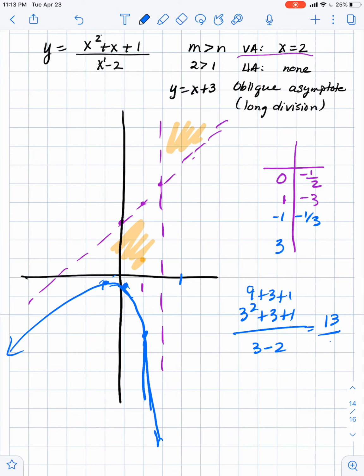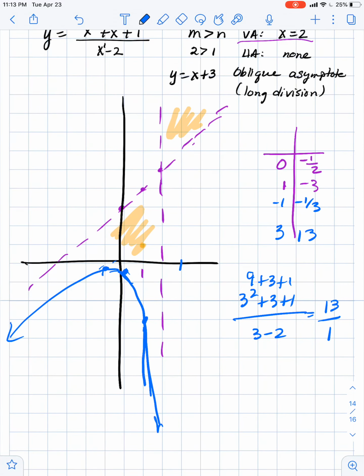There's 13 over 1. So I am at 13. So that's going to be way up here. 1, 2, 3, 4, 5, 6, 7. Yeah, it's way up here. Okay, but that's going to let me know it's going to go in like that. Okay, and again, you can plot your points and so forth.